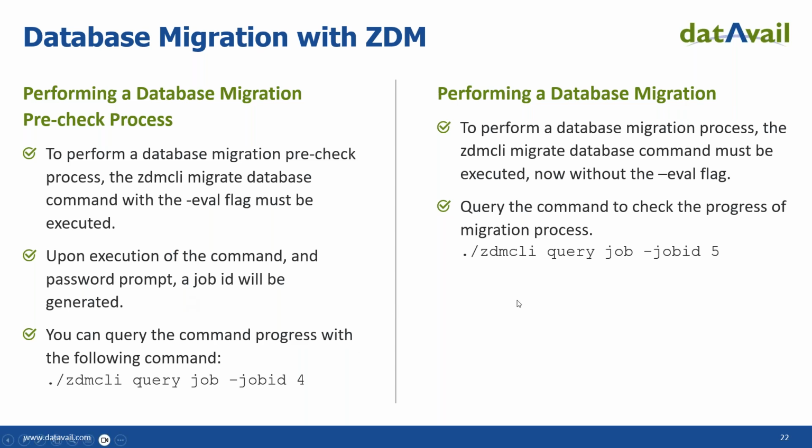Once it completes and we validate that everything is good and no more action is required, and once we are 100% sure, we can do the migration. We remove the evaluation flag and just run the job, and it's going to take some time to complete the migration.